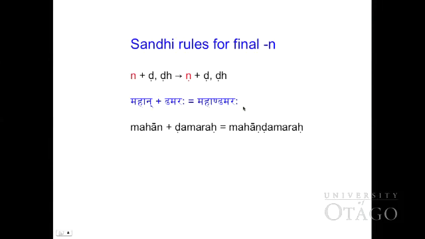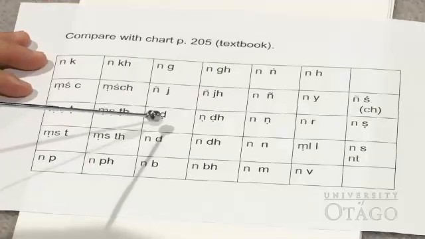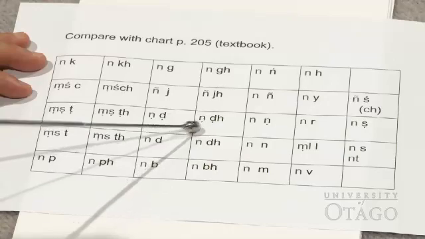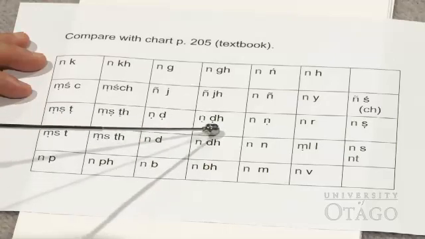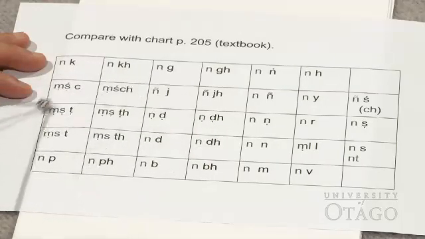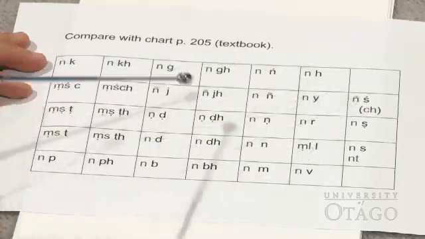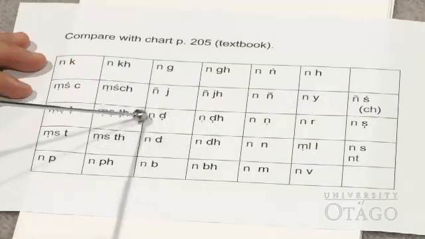You see from the chart, this is Rule number 3. N to N dot, following with D dot, DH dot. So it will be rule number 1, rule number 2, and rule number 3 over here.